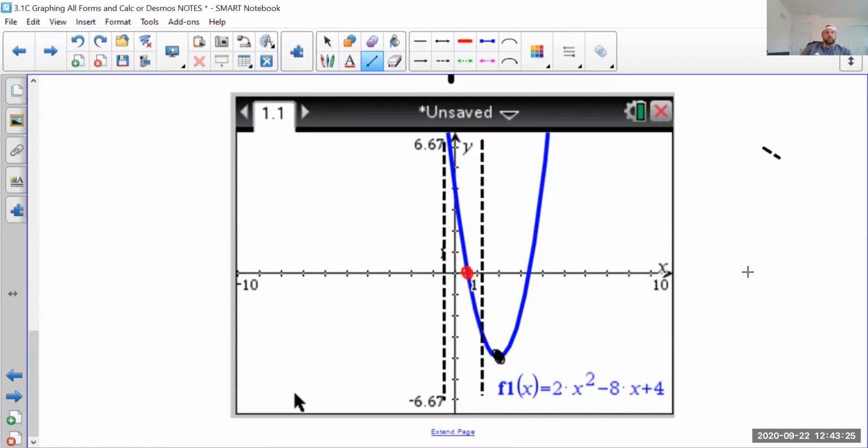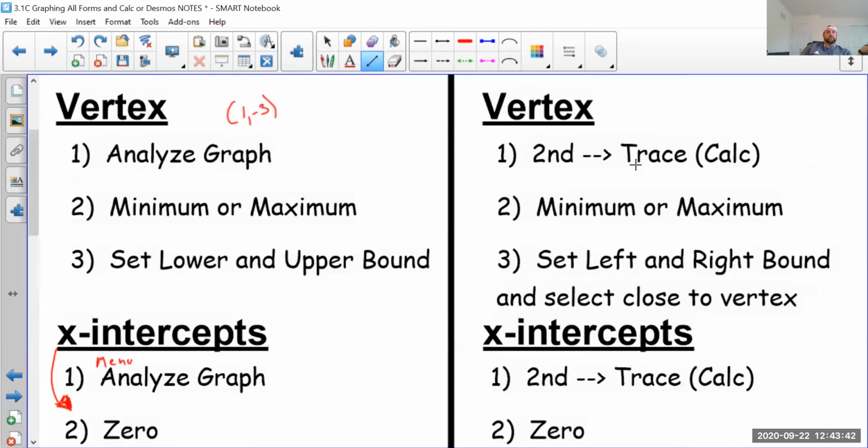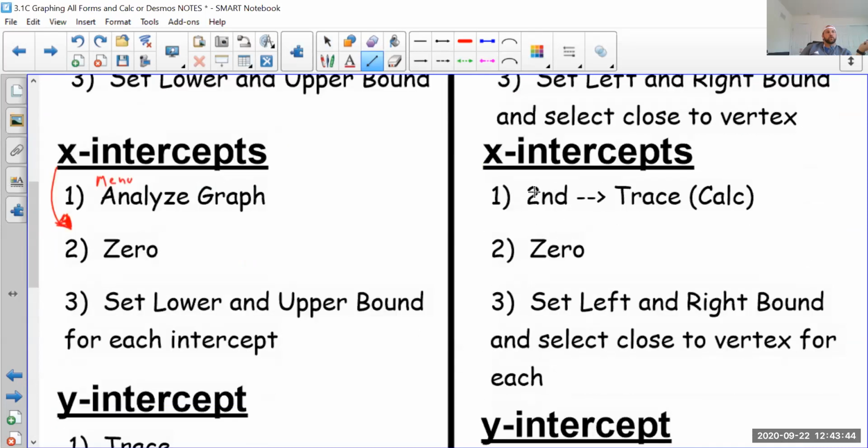I'm going to have to do that twice. Then if I want to find the other x-intercept over here, I have to do the same thing. I have to put a lower bound here and an upper bound here. And it should give you both of those. Finding the x-intercept for the 84 is similar. You go to second, calculate or trace. Again, you're going to zero, and then again, you're setting the left and the right bounds.